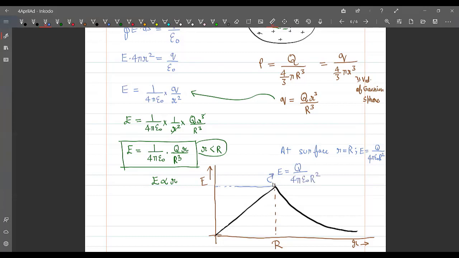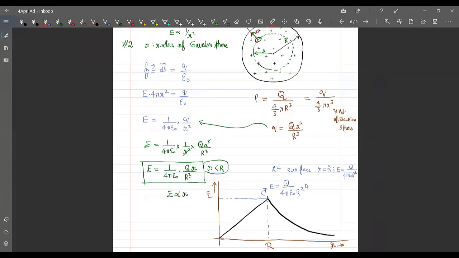That is the maximum value of electric field, at the surface. Any questions?